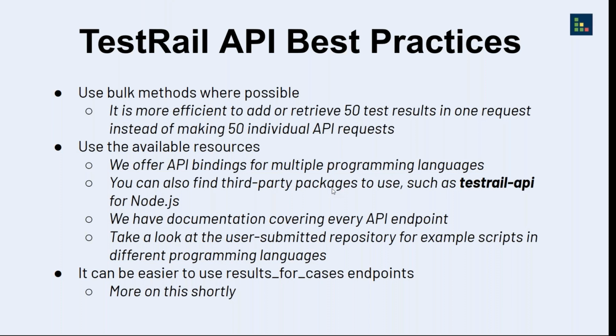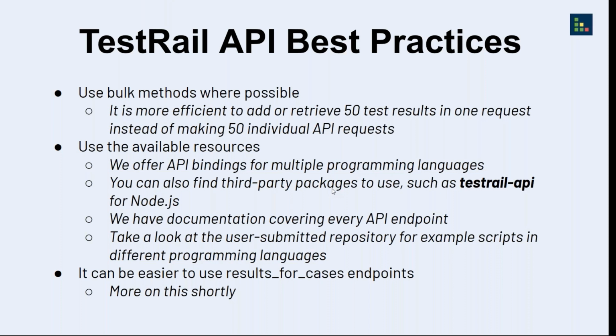We also have a lot of resources available, like I mentioned, the API documentation. So use the available resources that we have. We have API bindings for multiple programming languages. You can also find third-party packages to use, such as the TestRail API for Node.js.